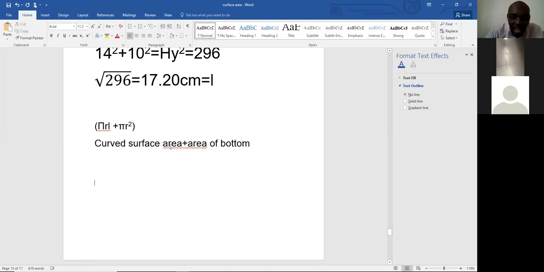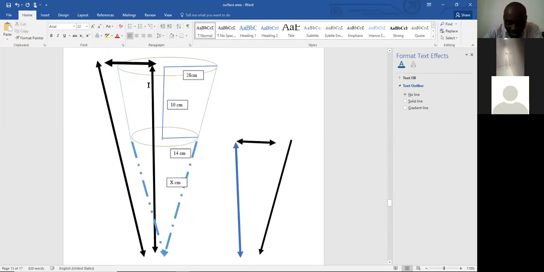Now, how do you find the curved surface area of the frustum? It is going to be found by, look here, the surface area of the big cone, the whole of this cone here, minus the curved surface area of the small cone.